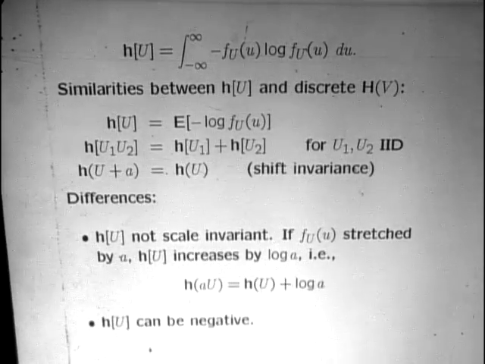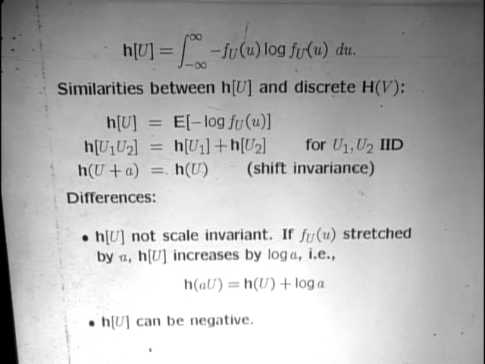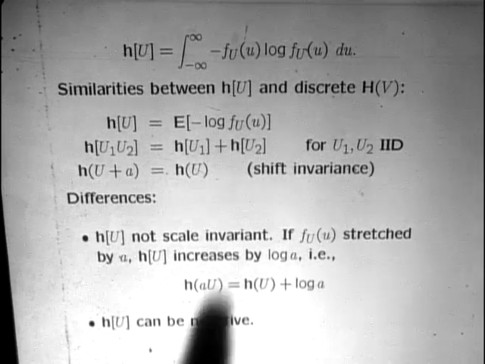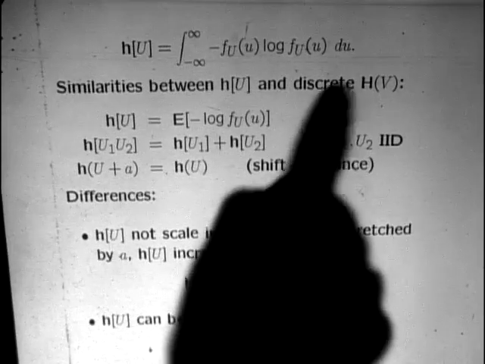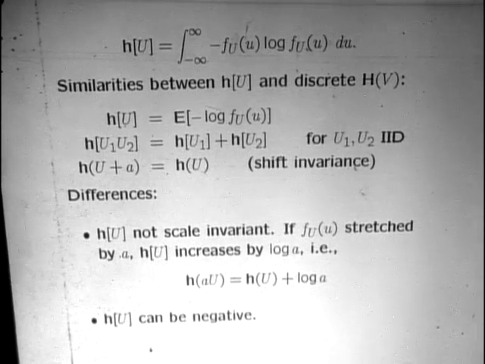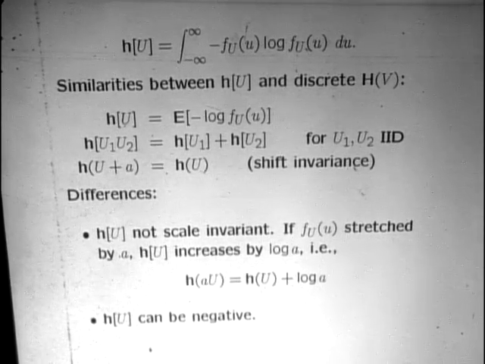And I'll think in terms of a quantization problem where I'm taking this continuous valued random variable of density, and I'm quantizing it into a set of discrete points. And I want to say, what's the difference between this differential entropy here and this discrete entropy, which we sort of understand by now?